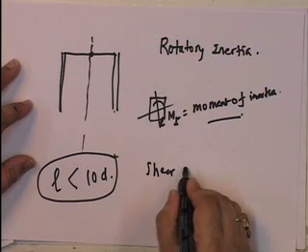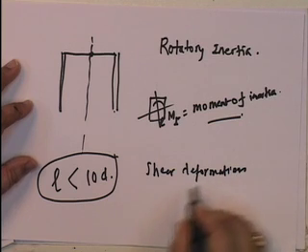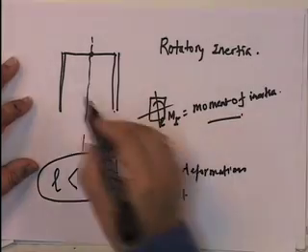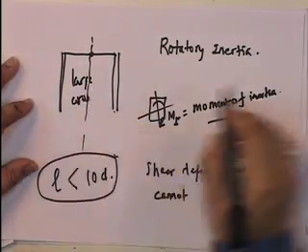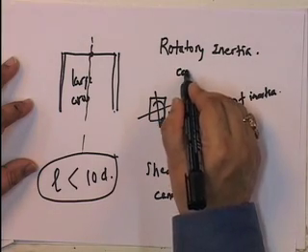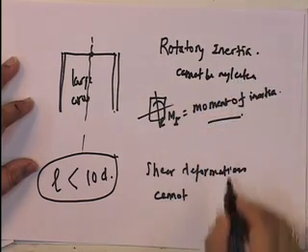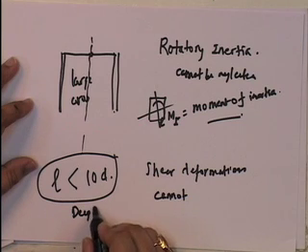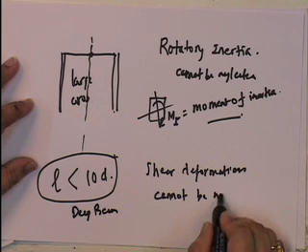And if you have this, then shear deformations cannot be neglected. So, for a large cross section, rotatory inertia cannot be neglected, and if L is less than 10 d and you have what is known as a deep beam, shear deformation cannot be neglected.